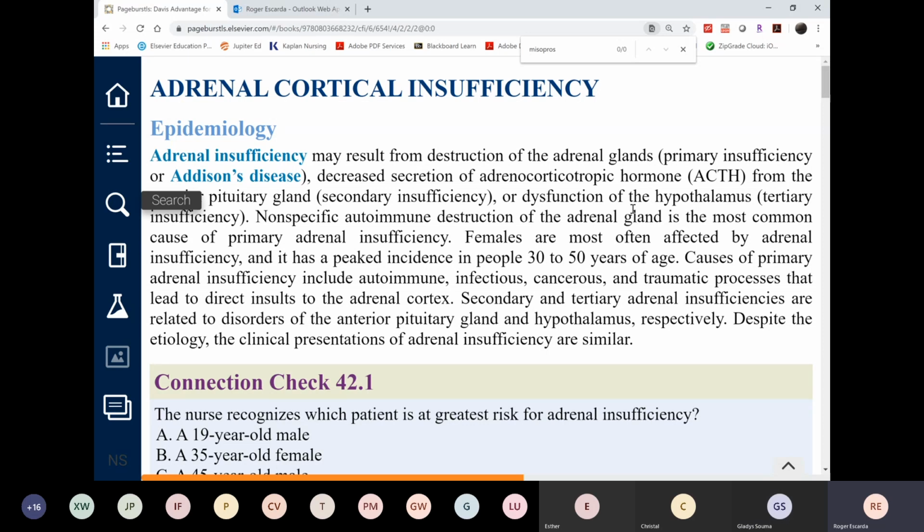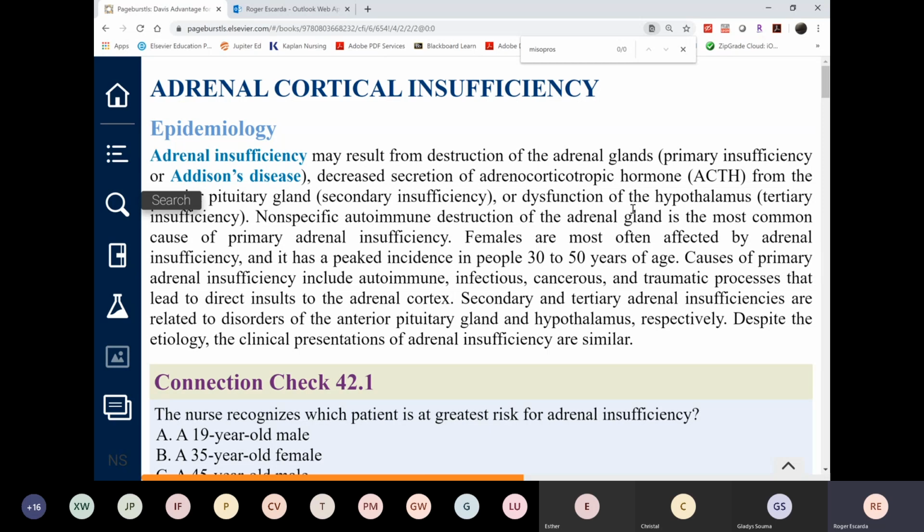So let's review. These are endocrine glands that we're talking about. When we say primary endocrine disorder, we're talking about the individual endocrine gland. Remember hypo and hyperthyroidism last semester? So that was an endocrine gland. If it's primary, that means the defect is in the organ itself.